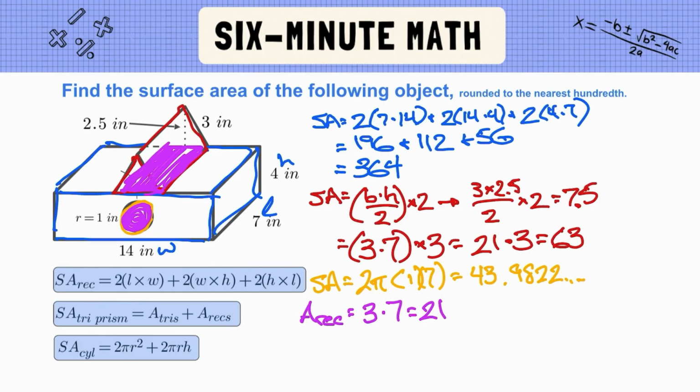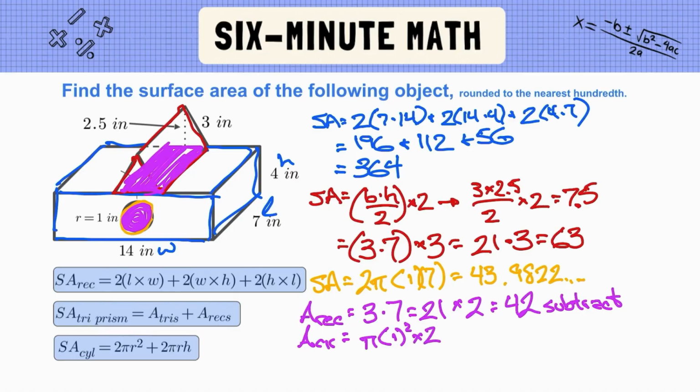And I'm going to subtract that twice, once for the triangular prism and once for the rectangular prism. So I'm going to multiply that by 2 for 42. That will be subtracted. I'm just going to say subtract so I don't get confused. And then I also need to find the area of that circle, which is pi r squared, which is pi times 1 squared.